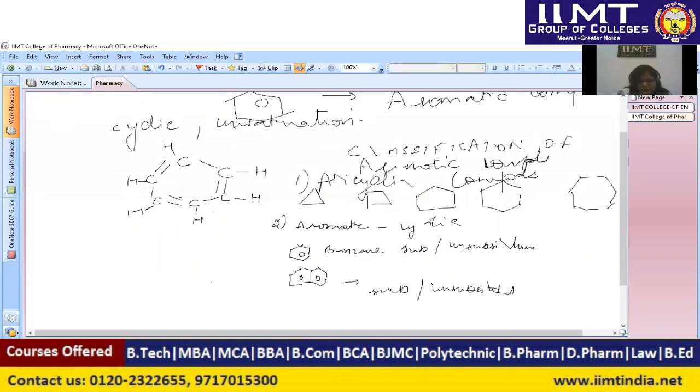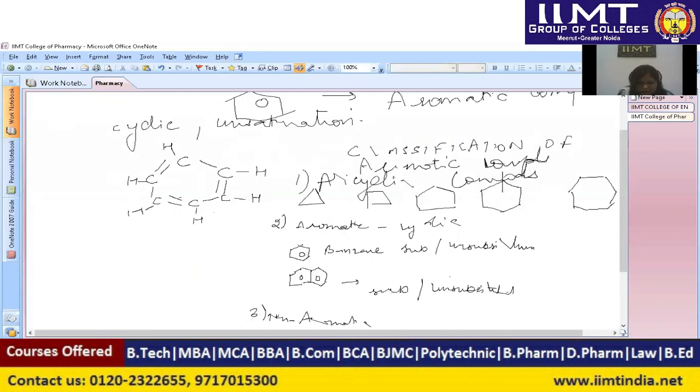The third category into which compounds can be classified is the non-aromatics. So we have alicyclics, then aromatics, and then non-aromatics. For aromatic ring systems, we usually say they follow the Huckel rule.